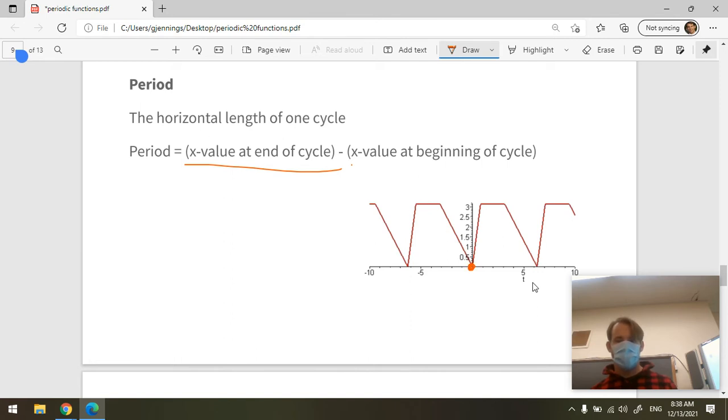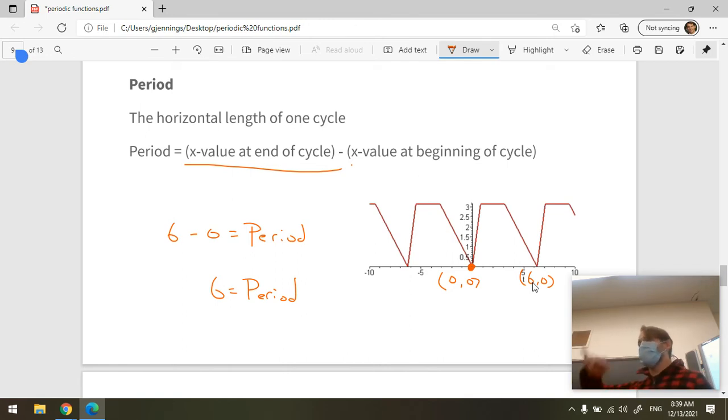We'll call this the point 0, 0, and then this the point 6, 0. And this is the 0, 0. So if we want to know the period of this, we would say that's 6 minus 0 equals the period. So it would just be 6. 6 is our period here. And that's one of the important things, to be able to look at these periodic functions and know how long it takes for it to repeat once.